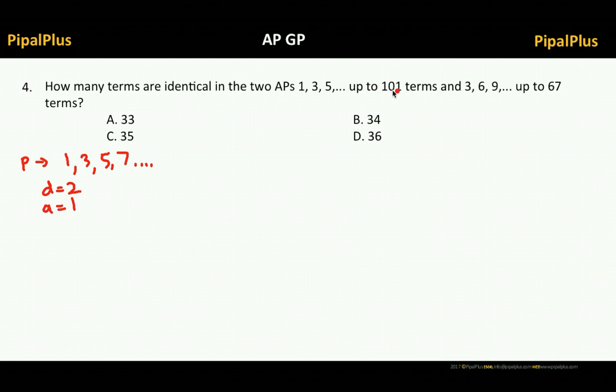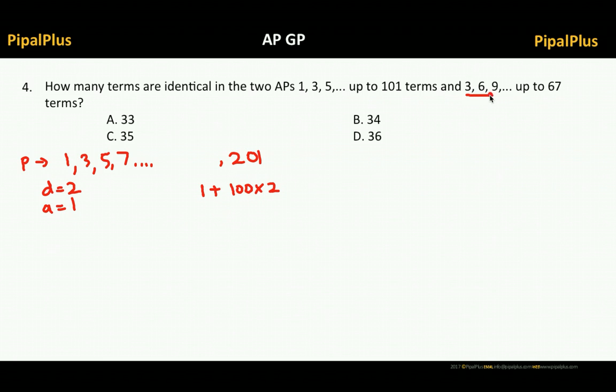So the 101st term is going to be a plus 101 minus 1 times d, 100d, so the last term of this series is going to be 200 plus 1, 201. Okay, so this is how our series looks like. It has got a equals 1, d equals 2, n equals 101, and the last term as 201.